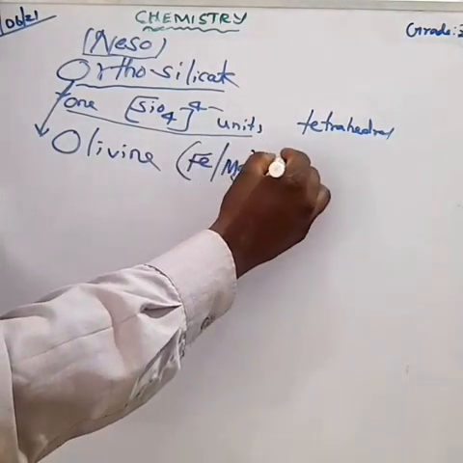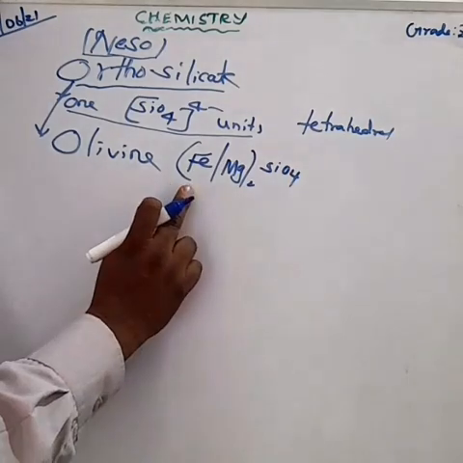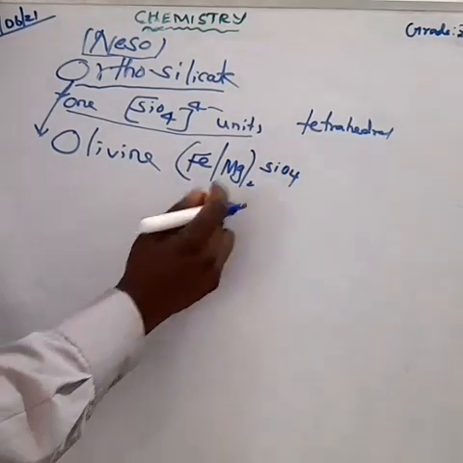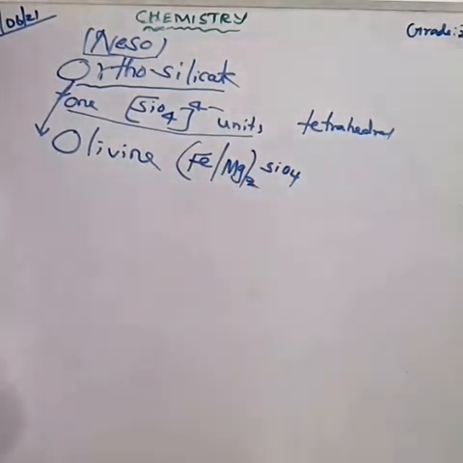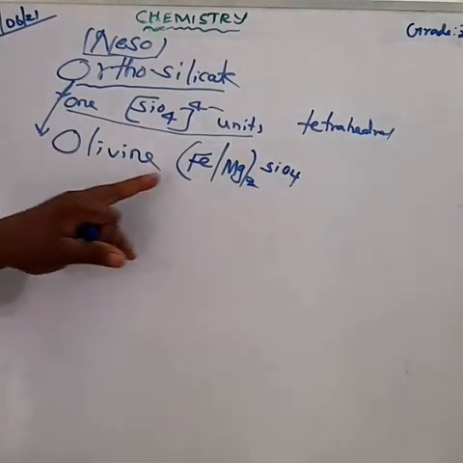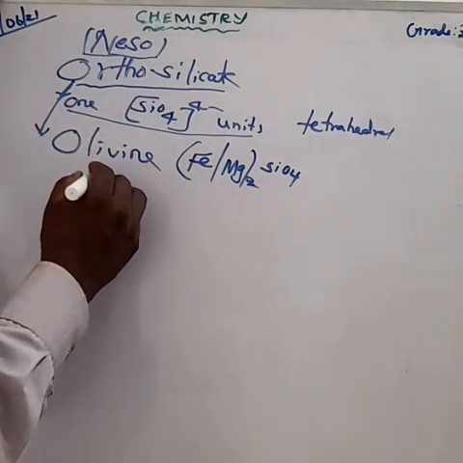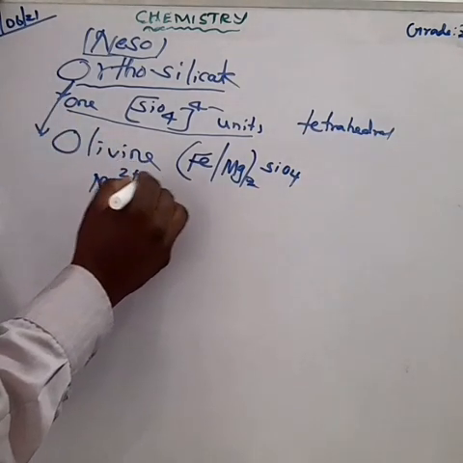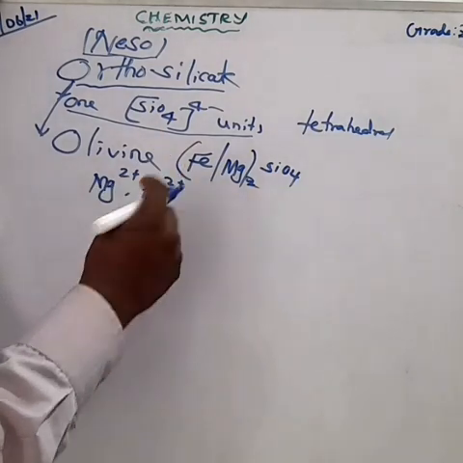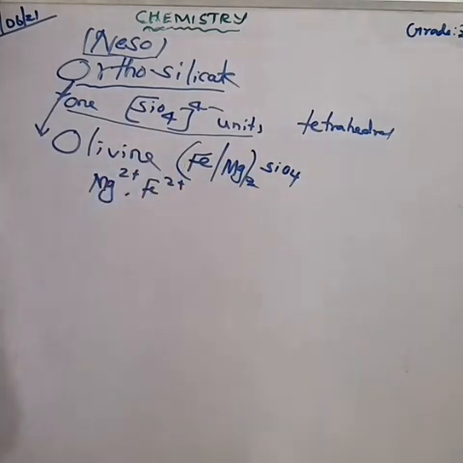So the formula can be written as Fe or Mg2SiO4. Mg 2 plus cations and Fe 2 plus cations are octahedrally surrounded by oxygen, that is O2 minus ions.